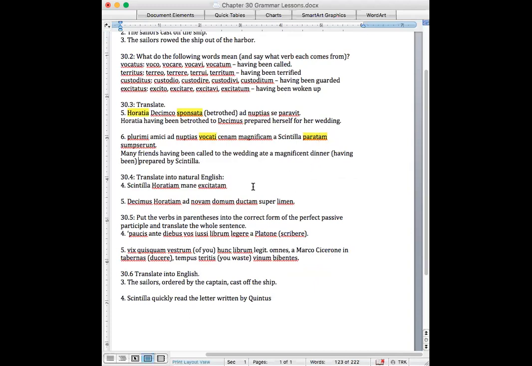Moving on, 30.4, we're going to translate into natural English. Ooh, that sounds exciting. Okay, so we have Scintilla in the nominative. Can I ever type her name right? I don't know. Scintilla. It looks like we're missing a main verb. Let me just check my transcription.